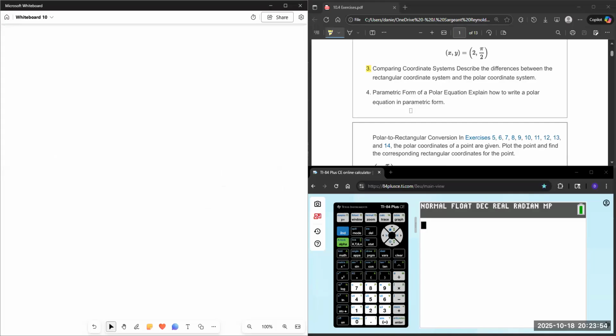So comparing coordinate systems, describe the differences between rectangular coordinate system and the polar coordinate system.